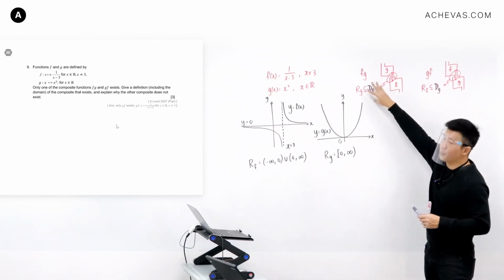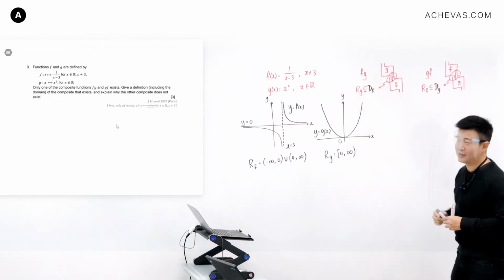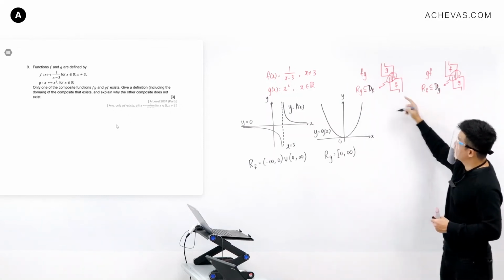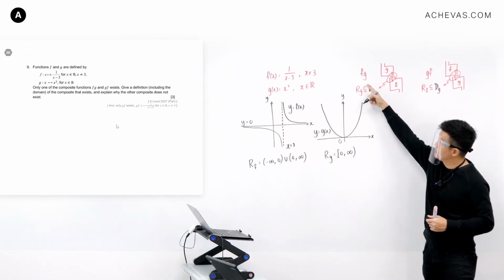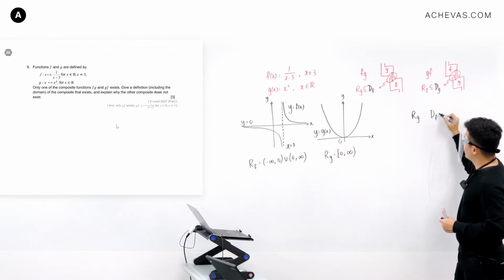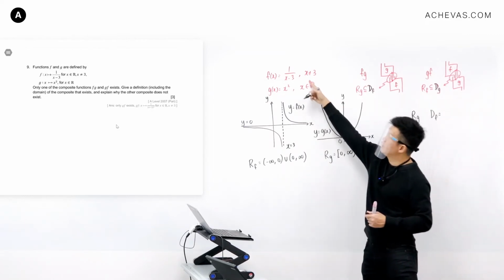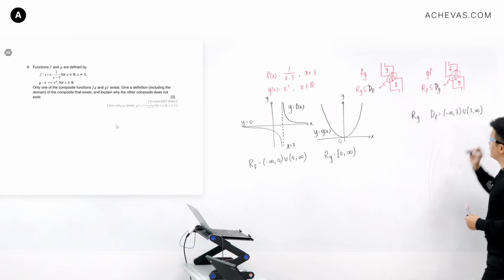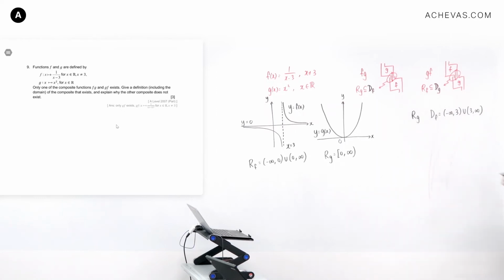Let me try to compare this first. I'm going to analyze whether fg exists. To analyze whether fg exists, I'm going to analyze the range of g versus the domain of f. The domain of f was already given to me. It is from minus infinity to 3, but not inclusive of 3, or from 3 all the way until infinity. How about the range of g?